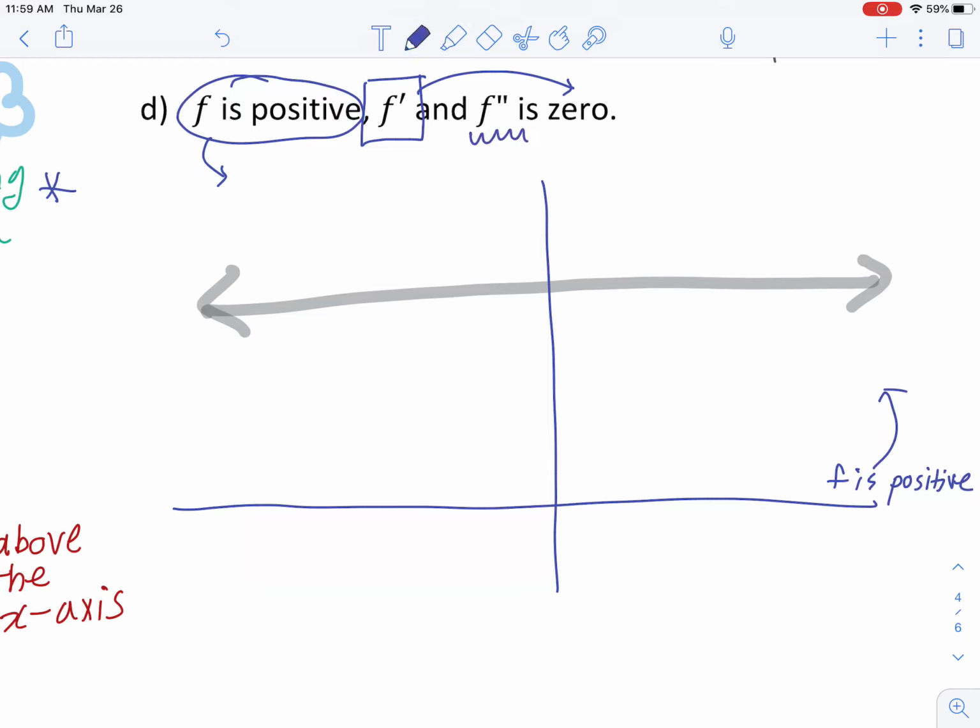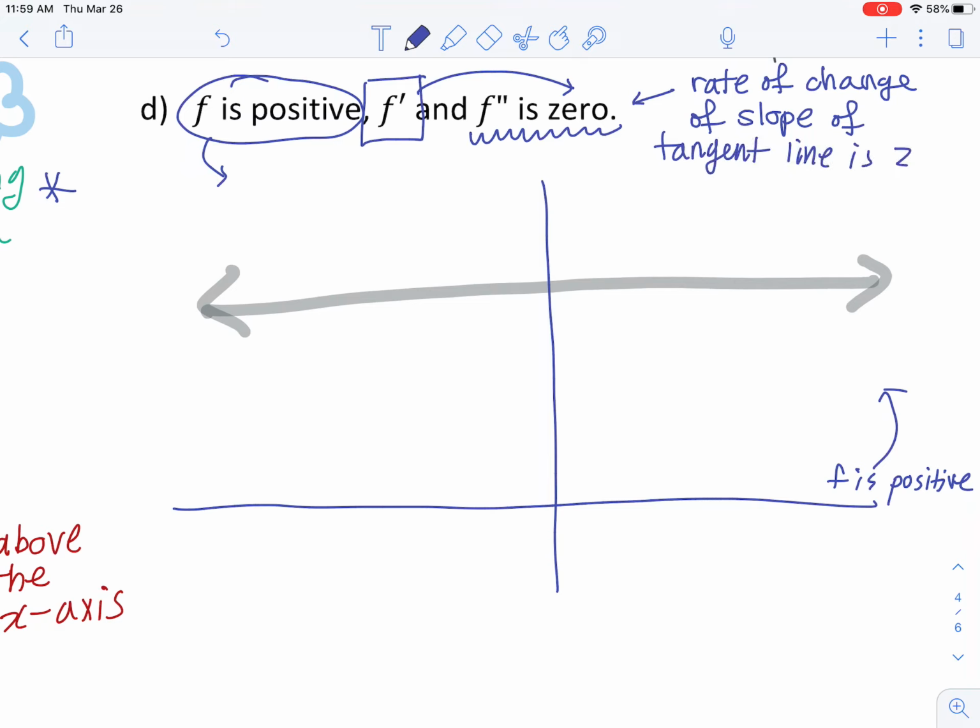Now let me see if the last piece makes sense. They also said f double prime is 0. Well, that means the rate of change of the slope of the tangent line is 0.